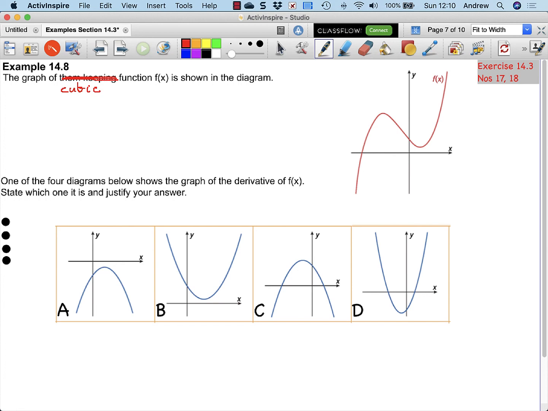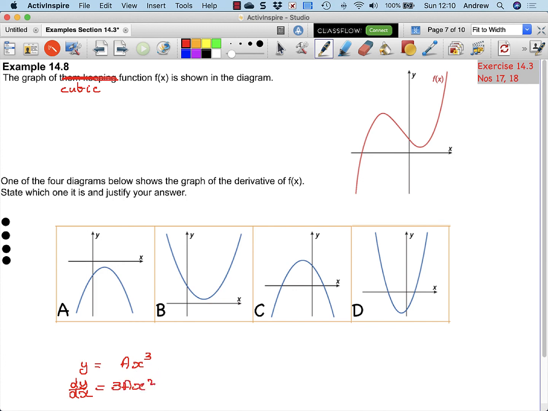Now, when you differentiate a cubic function, let's have a look down here. Let's write down a general cubic function, y is equal to ax cubed, just a basic simple one. When you differentiate it, dy dx, you are going to get 3ax squared.